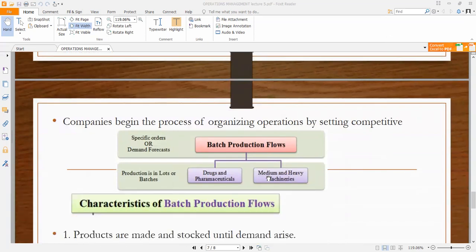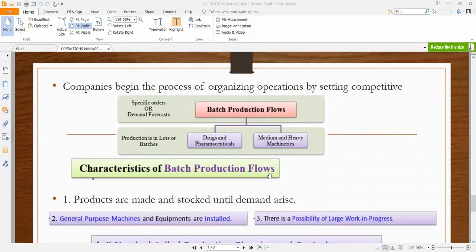Now, companies begin the process of organizing operations by setting competitive goals or targets. Let's look at the batch production system. Here we're talking about specific orders or demand forecasts. A person has come and needs a specific order.